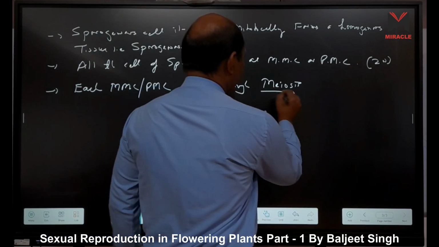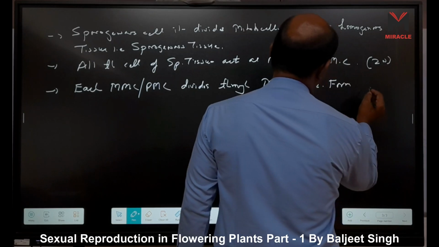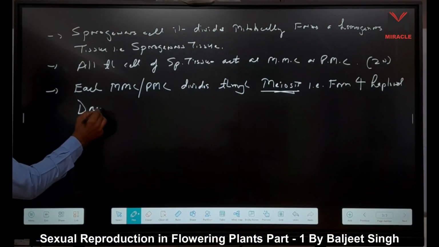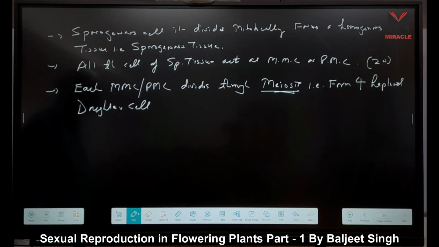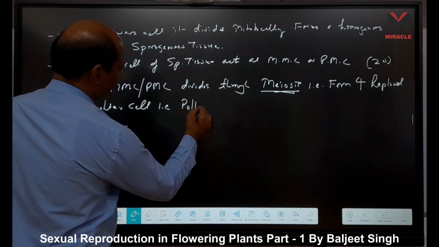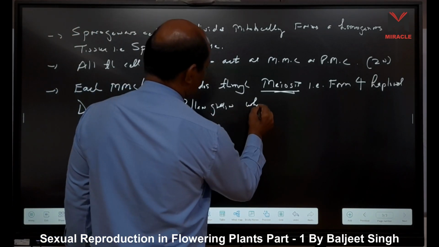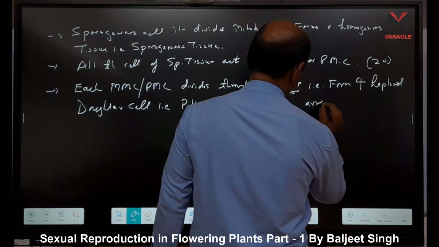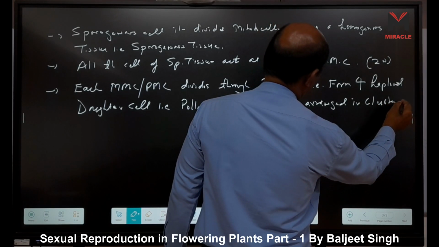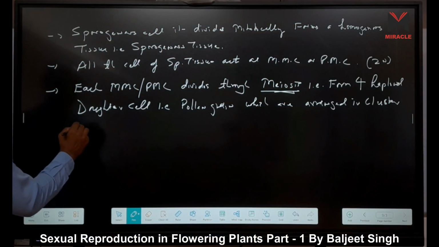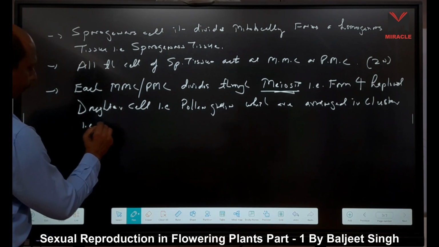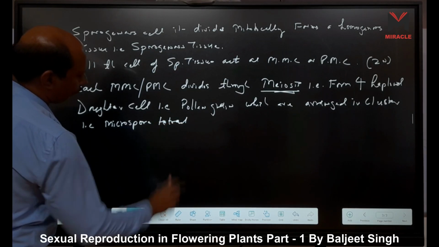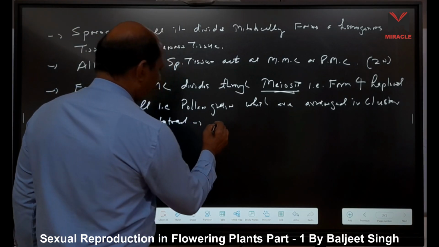Now meiosis is there, and that means they form 4 haploid daughter cells, and that is pollen grain, which are arranged in a cluster, hence called a tetrad, microspore tetrad, TETRAD, right?